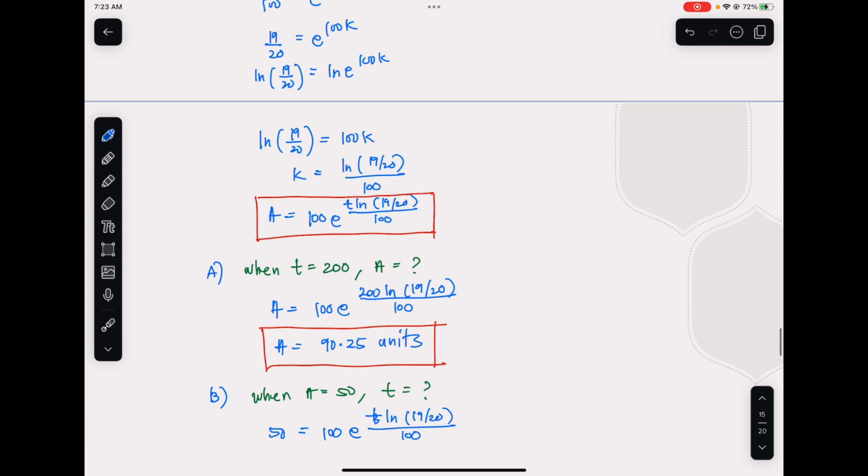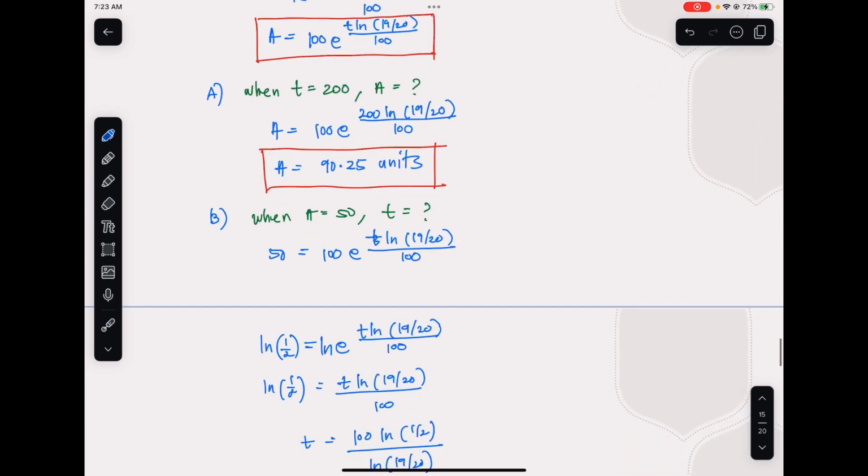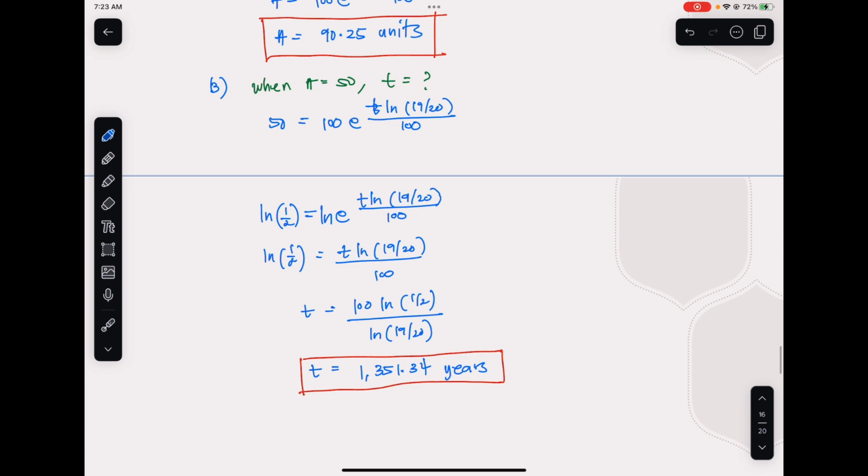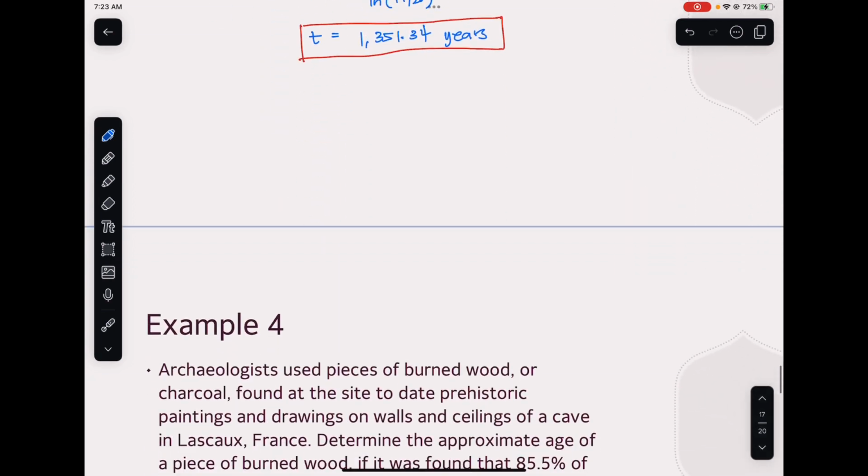Then the half-life, that means 50 units will remain. The time it would take for that to occur will be 1,351.34 years. So it took a lot of time.